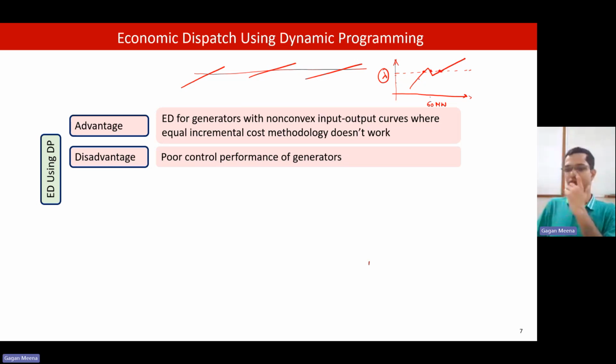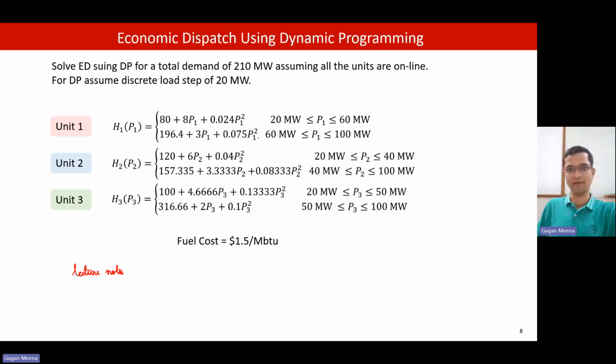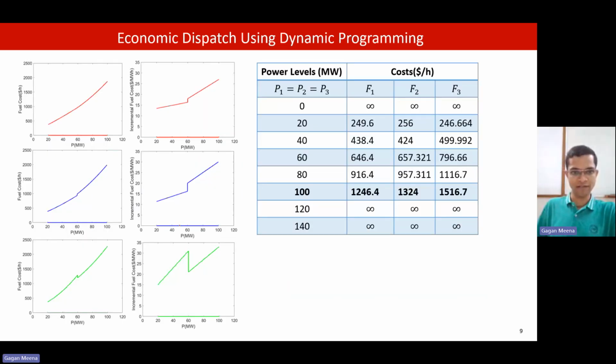This is a non-convex function. We have three values. Which one to choose? In such a case, the previous methods which we have used will not work. In these cases, dynamic programming offers a solution for these types of problems.